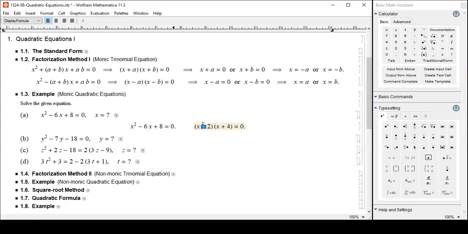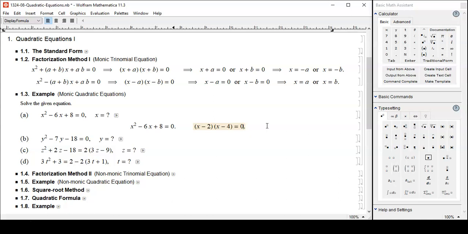That's not right. This is the correct factorization. Does everybody recall? We have positive 8, so we have to have 2 identical signs, same signs. Negative 2, negative 4 will do, and they will add up to negative 6. Does everybody recall the factorization method?